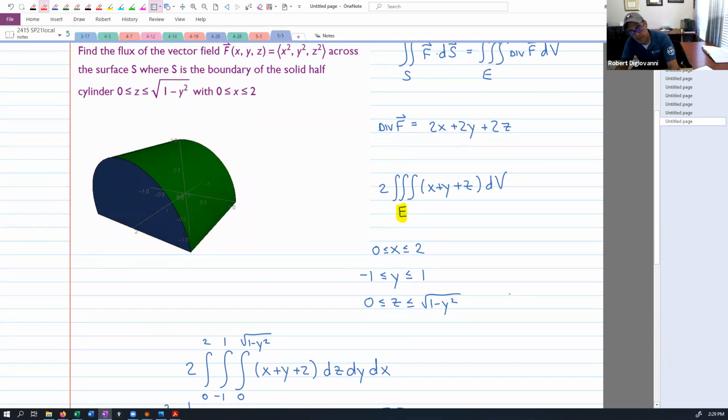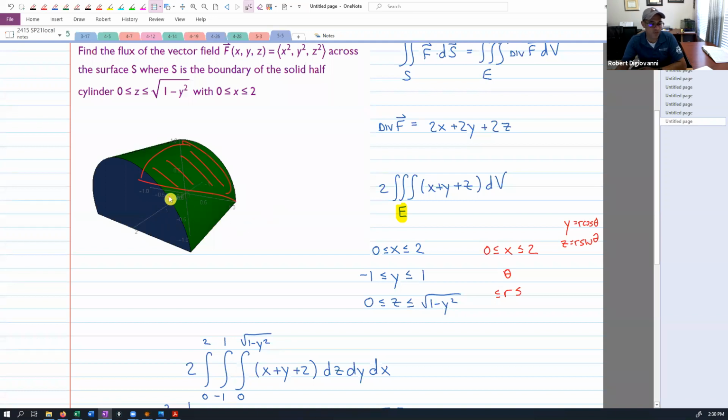We say that x is between 0 and 2, but now I'm making y equal to r cosine theta and z equal to r sine theta, and now theta and r. So I'm projecting this onto this back plane, and that's going to be my region.